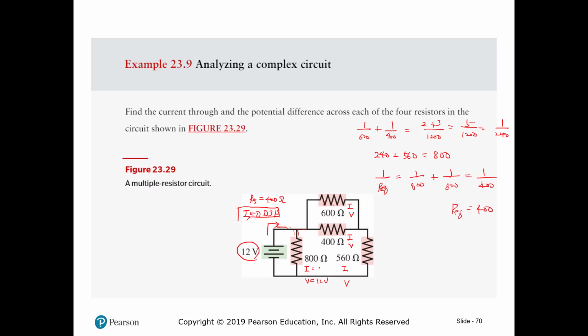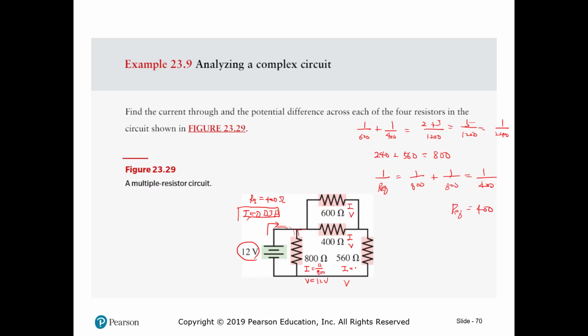So now, because you know the 800 resistance and the voltage, your current here is 12 over 800, right? This is your current. And because now you know the current here, the rest of the current will flow this way, right? So how much current do we really have here?